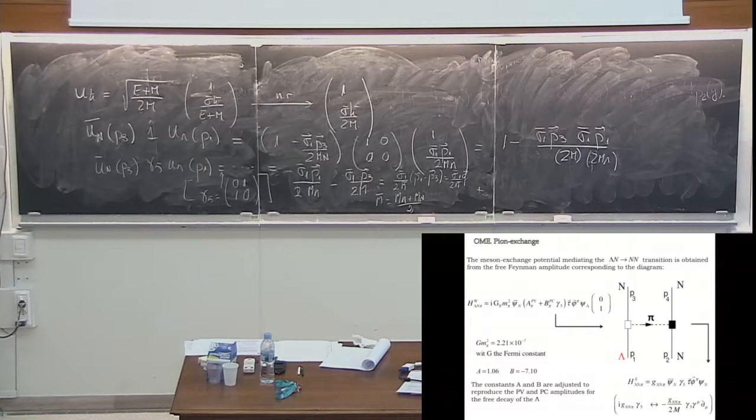The point is that when you contract this vertex with this one, the result is identity here, gamma 5 here, so as a whole you get a gamma 5 contribution, which will violate parity in the process. While on the other hand, when you contract this gamma 5 with the gamma 5 that you have in this vertex here, you get something that conserves parity. In the same way, for the nucleon-nucleon interaction you have gamma 5 here and gamma 5 here.